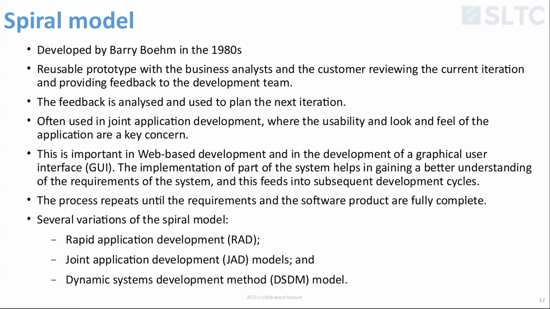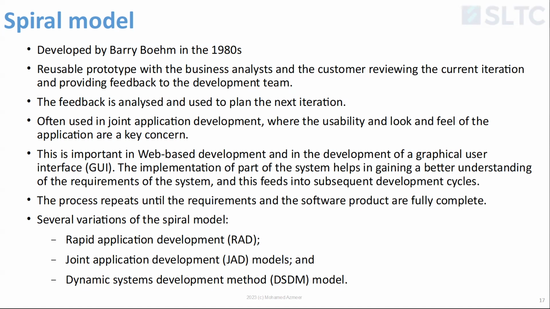And then similar to that, we have another one called Joint Application Development or JAD model, where you work with the client sitting next to you, or maybe two programmers working together. It's called extreme programming. Either way, there is more than one person working together, and things can run faster because there are two people, two brains working together.